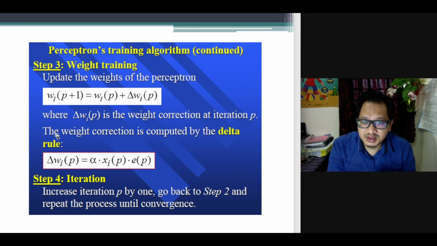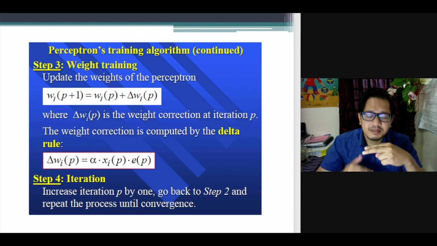Ini the weight correction computed by the delta rule. Ini dia akan pakai this formula. And then dia akan buat iteration: increase iteration p by 1, tambah lagi 1, and go back to step 2 and repeat the process until convergence. Maksudnya jika ada error, dia akan repeat balik sampai dia tak ada error, sampai output yang dia nak tercapai.